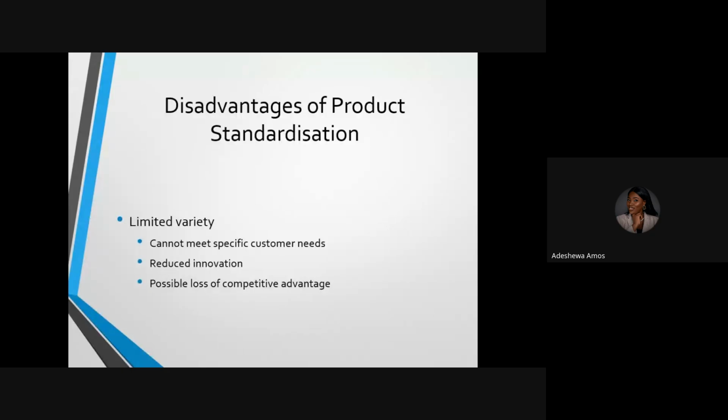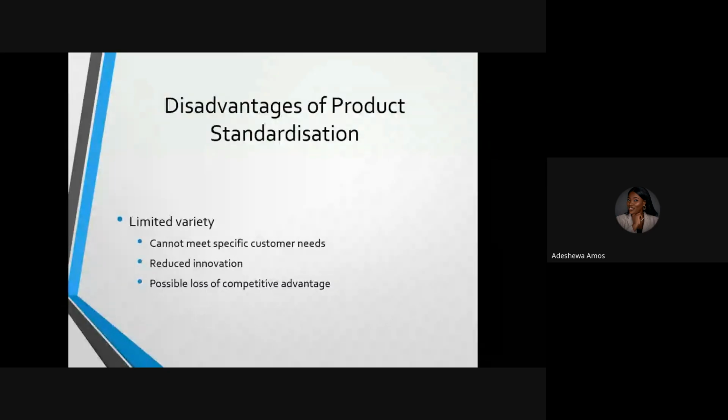Next time you go for a table, they tell you, oh, there is a new design that we can do. So innovation is there. But when it comes to standardization, because they do it the same way, there is no innovation. It's just the same thing they are producing. So an example is BIC. BIC has been using the same packaging for God knows how many years.